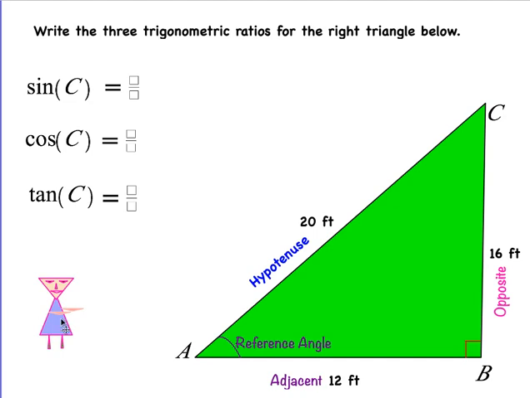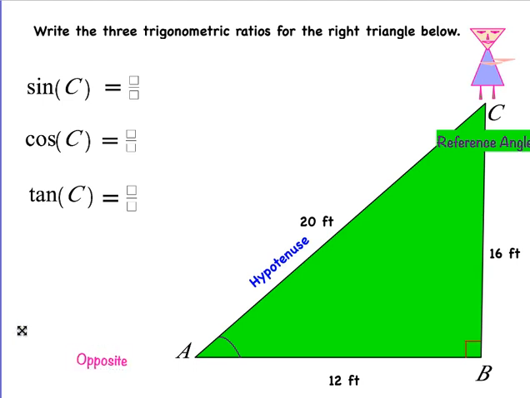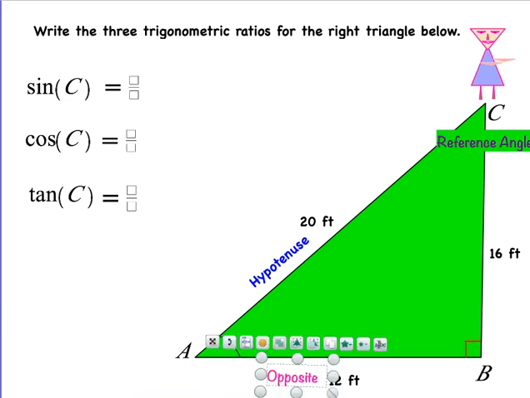Okay, what if we changed the reference angle? So here's Mr. Triangle again, and we decide that the reference angle is going to be at C. What changes? Well, the 12 feet is no longer the adjacent side, so we're going to move that out of the way, and we're going to move our opposite side so that it becomes the 12 feet.